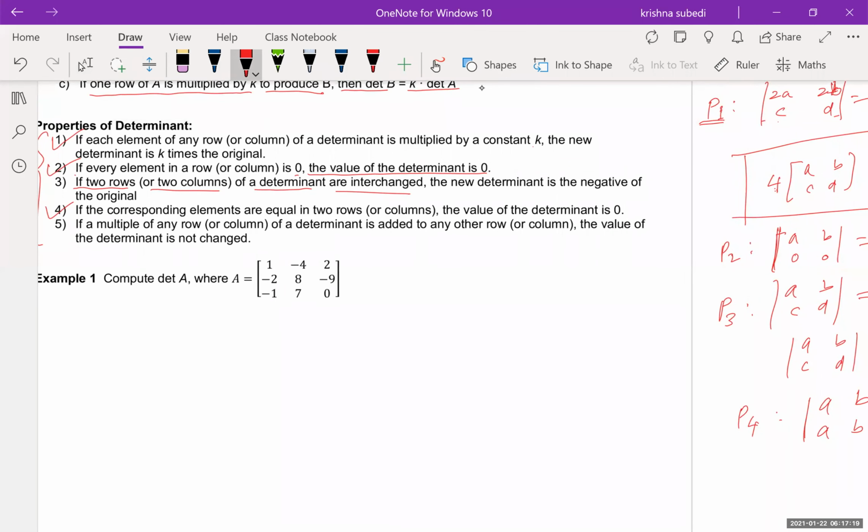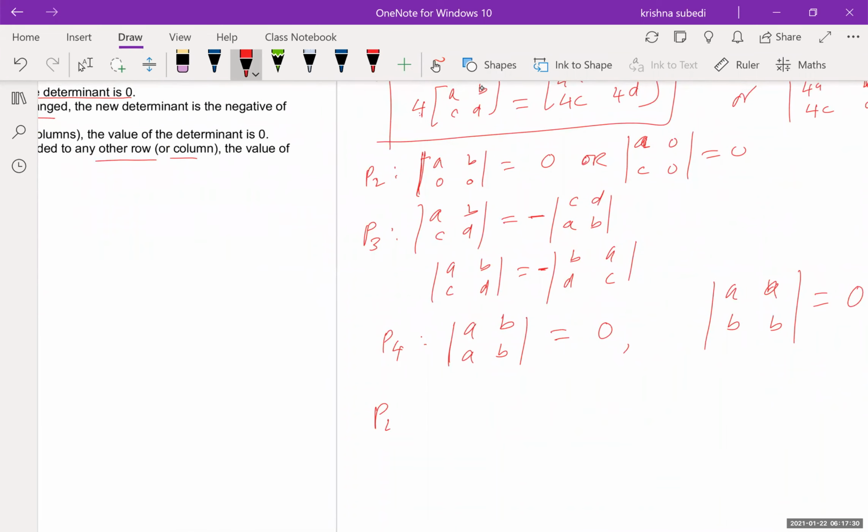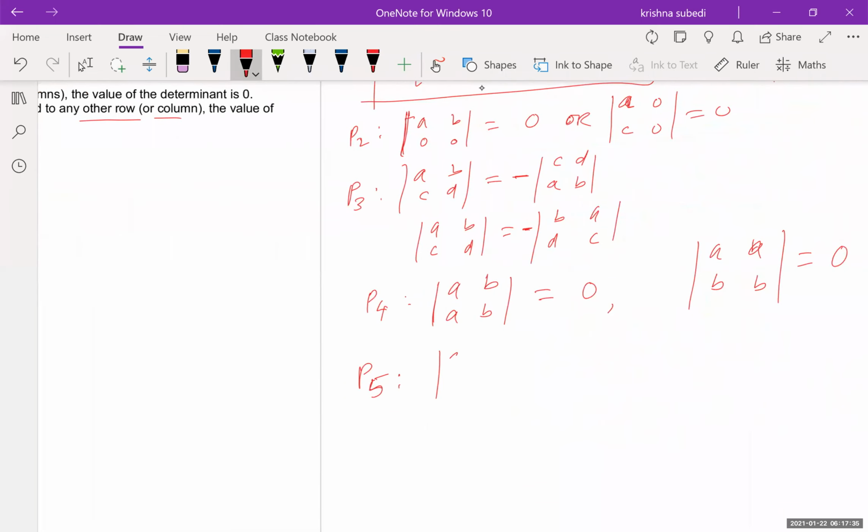If a multiple of any row or column of a determinant is added to any row or column, the value of the determinant is not changed. So what it means is, let's say property number 5. Let's say I have A, B, C, D. These are the elements in the determinant.